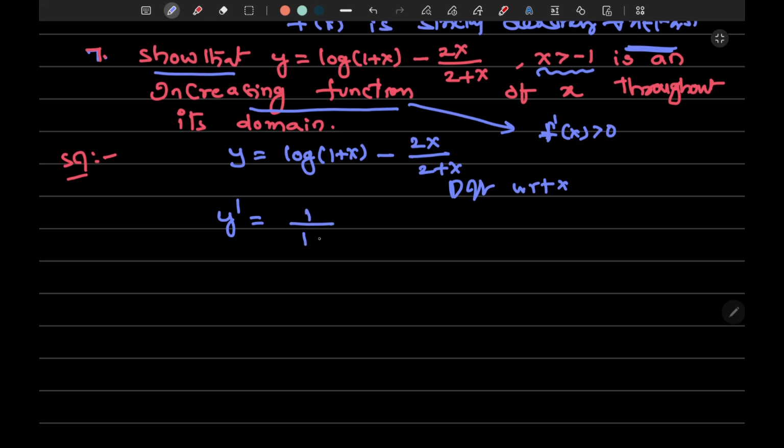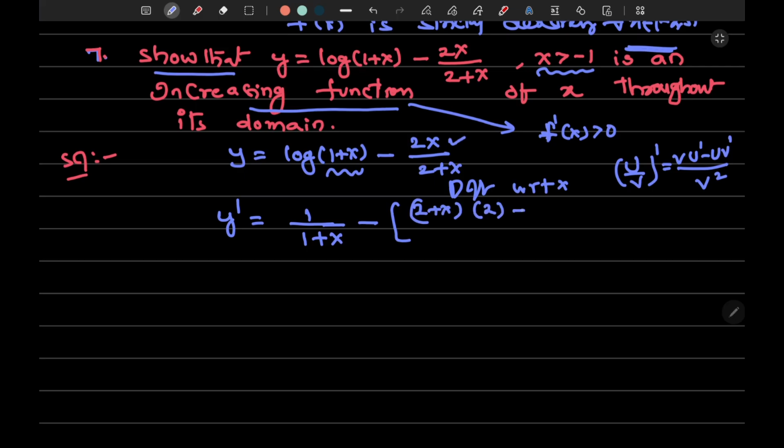Derivative of log x is 1 by x, here 1 by 1 plus x into the derivative of 1 plus x, that becomes 1. Here it's the u by v formula. What is the formula for u by v? U by v whole dash is equal to v u dash minus u v dash by v square. So here v is 2 plus x into the derivative of 2x, 2, minus 2x into the derivative of 2 plus x, which is 1, by v square, 2 plus x whole square.